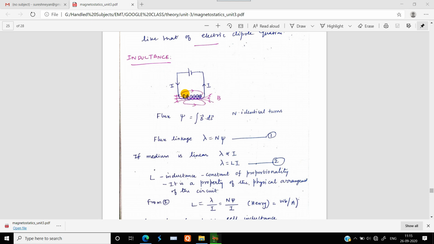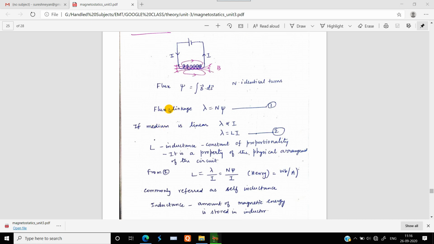Here we have a coil arrangement having N identical turns, which produces a magnetic flux density of B vector. Then we can represent this flux psi as the surface integration of B dot dS vector.